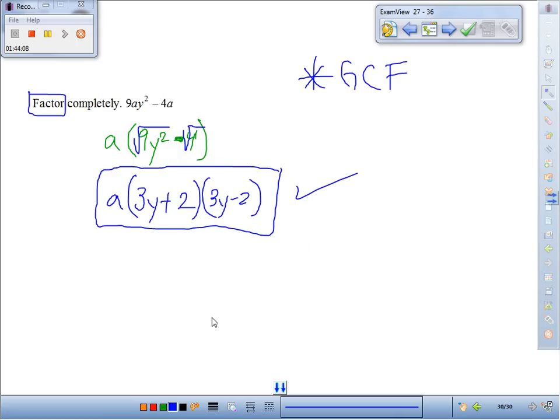Let's do another one of these. Write this down. Example 27Q.